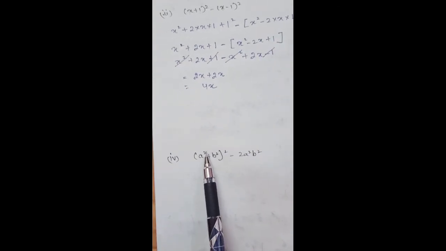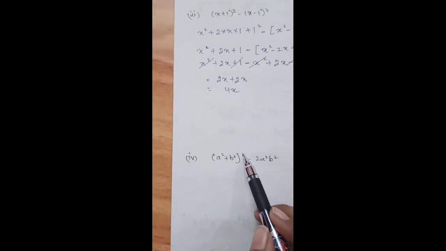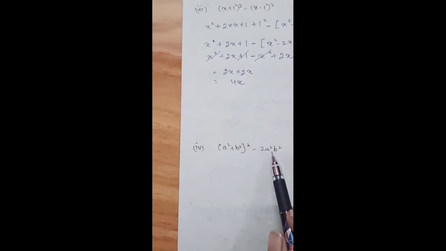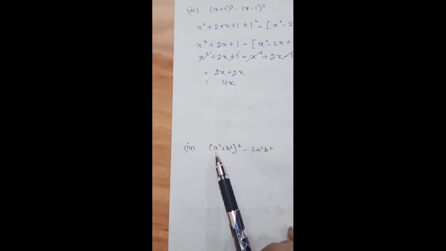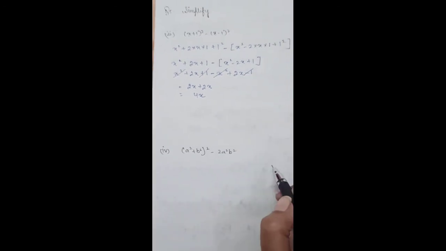Now look at this one. Here we have (a square plus b square) to the power 2 minus 2a square b square. So here again we use the identity (a plus b) whole square, and in place of a we have a square and in place of b we have b square.